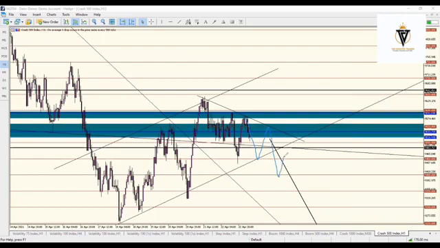It tests here nicely, and then we'll see that downward movement. So you look forward to selling somewhere here on that 1 hour break of structure, or you may just have it come out and then retest and then drop. Either way, just watch out for that response and take that sell respectively.